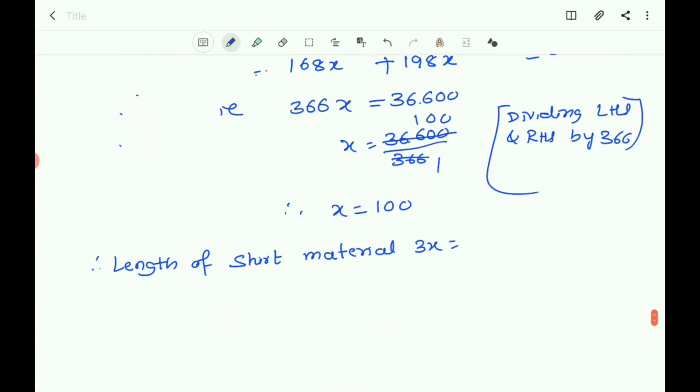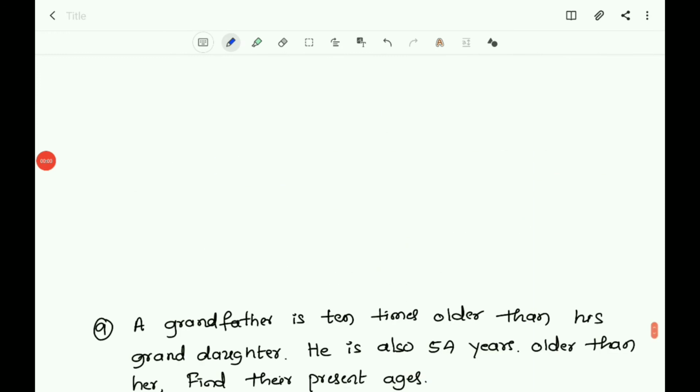What is asked here is how much trouser material he bought, so you only have to find the length of the trouser material. The length of the trouser material is 2x, that is 2 into 100, which equals 200 meters. 200 meters of trouser material he bought.